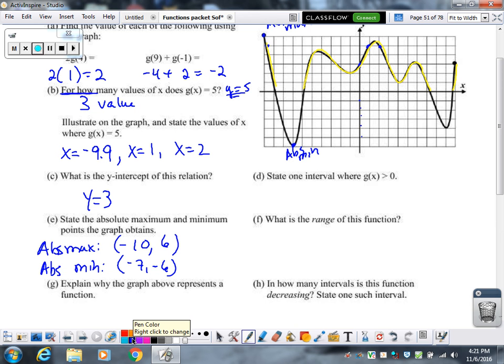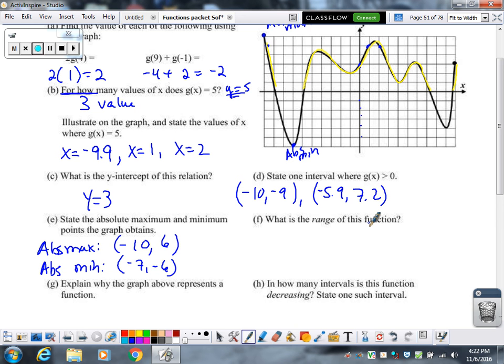I can say that it is positive from negative 10 to about negative 9. I could say that. I could say it's negative 1, 2, 3, 4, 5, 6. It's not quite at 6. Maybe negative 5.9 all the way. 1, 2, 3, 4, 5, 6, 7. It's like a 7.2 or 7.3.